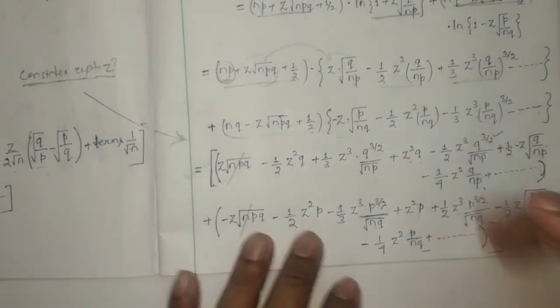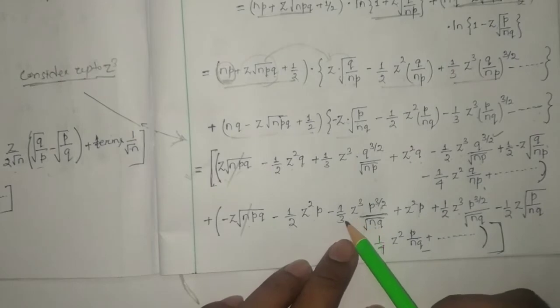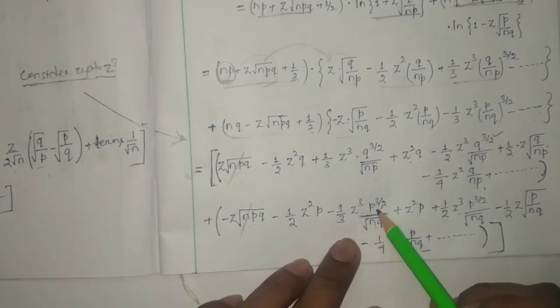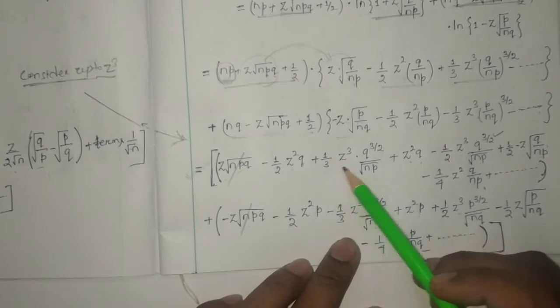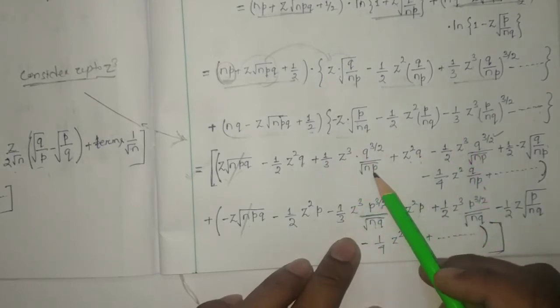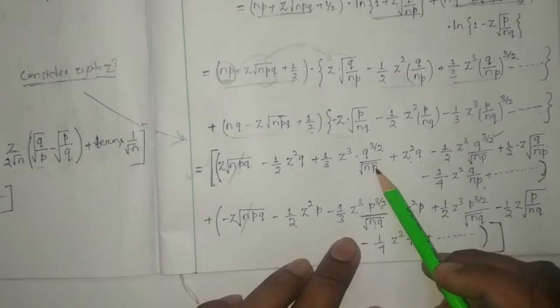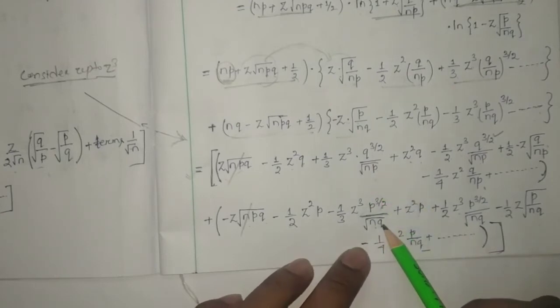Okay, here you can see minus 1 by 3 zq p to the power 3 by 2 q to the power 3 by 2, minus 1 by 3 z to the power 3, but here the denominator is root over of np root over of nq.